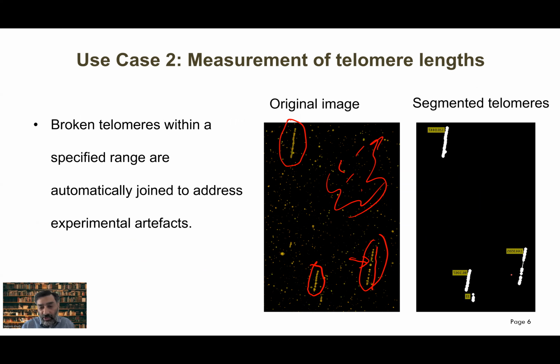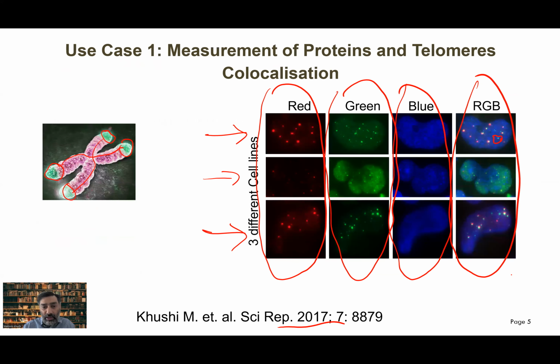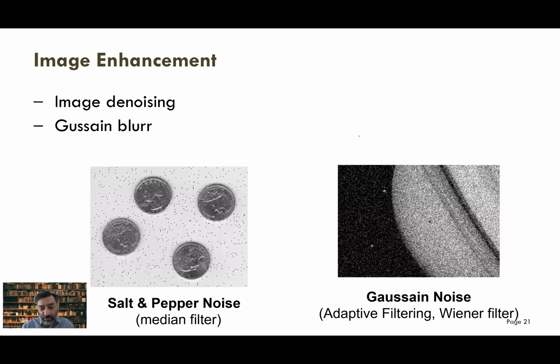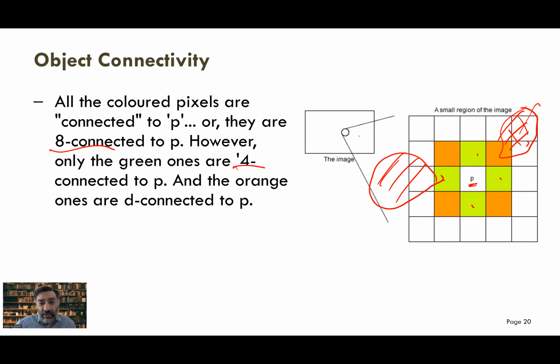What's being considered as noise and what's being considered as a real telomere. And also in this one, where we're saying this red is right on top of the green, that connectivity again is based on how you're going to define that. Does it have to be right on top of each other, or could it be 1 pixel apart, depending on diagonal or horizontal or vertical? So that's why these are very important parameters to understand, implement and define, and also to explain to your client, whoever has given you the image to be processed.